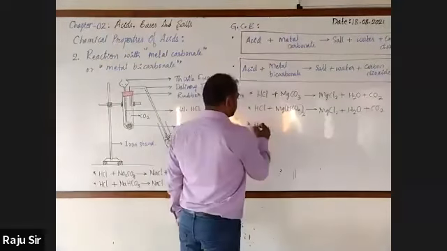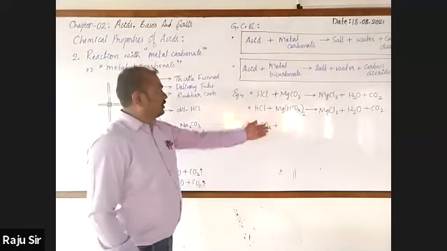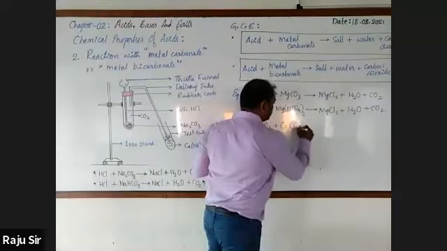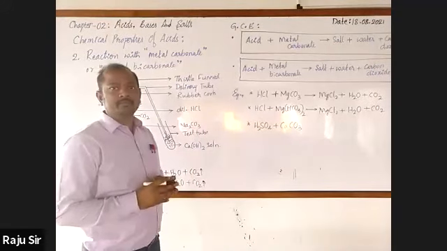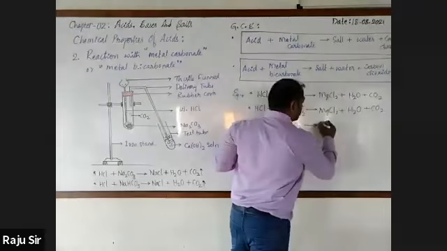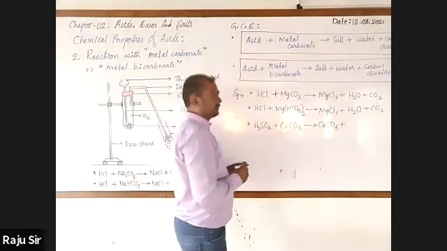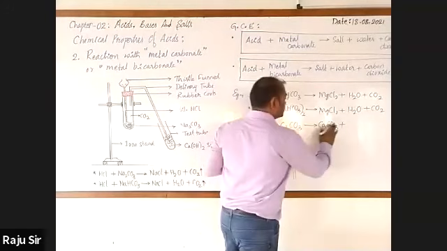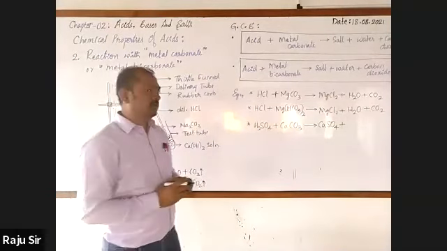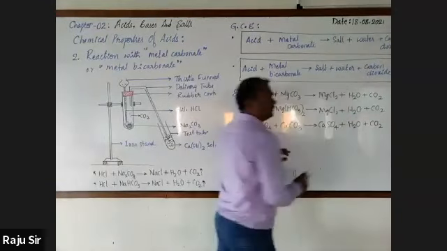Let me take an acid as H2SO4. Sulfuric acid, when it reacts with calcium carbonate, CaCO3, very good, produces first the salt calcium sulfate, plus water, plus carbon dioxide.